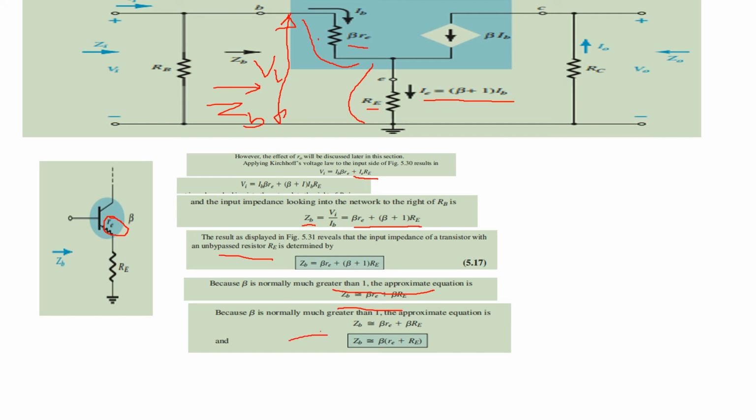So we come to this relation, ZB is approximately equal to beta times re plus capital Re. Capital Re is much greater than small re, so this reduces your input impedance ZB to beta times Re.